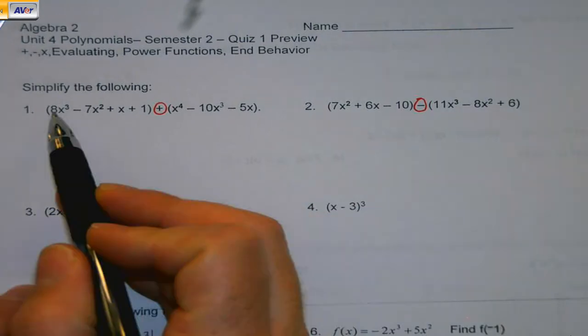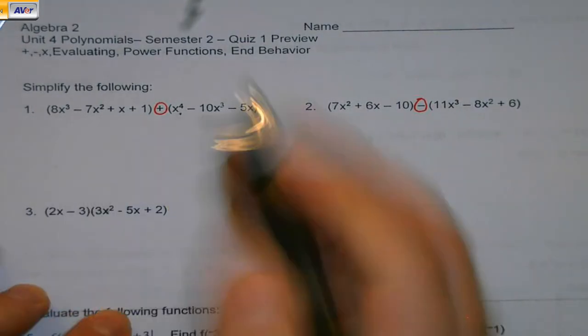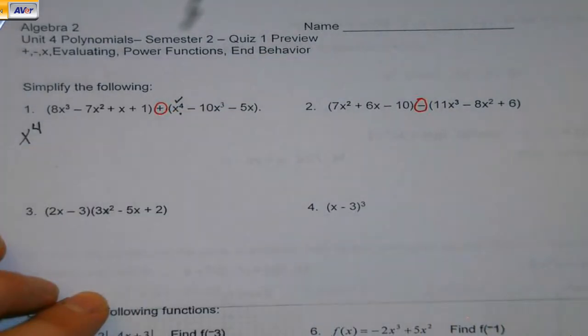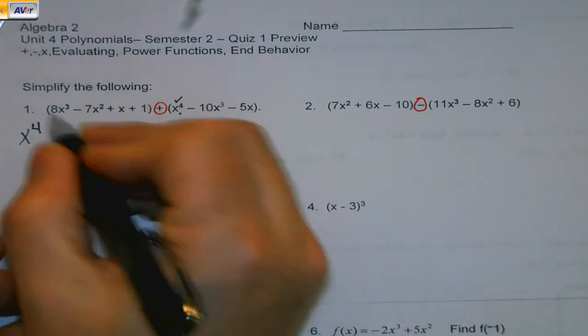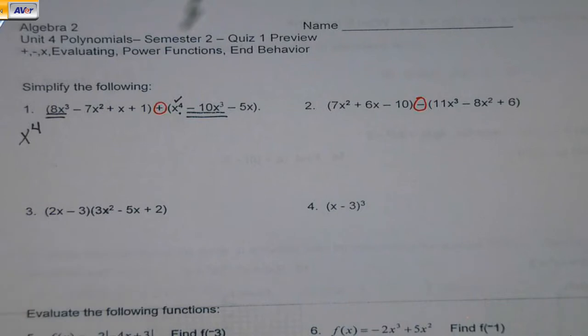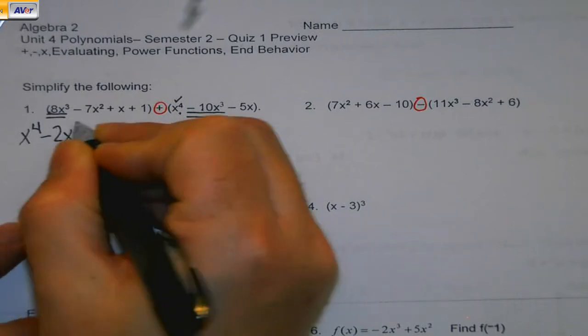So I look through, I'm looking for my largest degree first, and I find it here with my x to the 4th. There's only one of them, so I write that down first. Then I look for my thirds, if there are any, and there are. Watch the signs, those matter. 8 minus 10 would give me a negative 2, x to the 3rd.